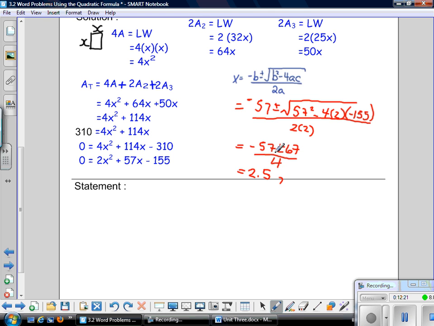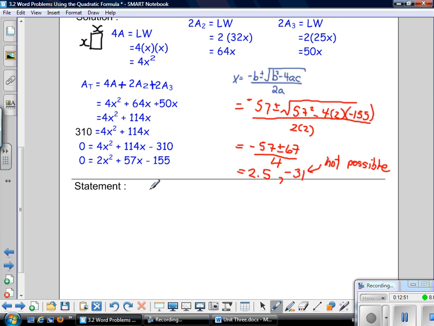And if I do negative 57 minus 67 divided by 4, I end up with negative 31. Now, obviously, negative 31 is inadmissible, so we can't use that one. Or you could say here, not possible. That's acceptable too. And finally, we need a therefore statement.